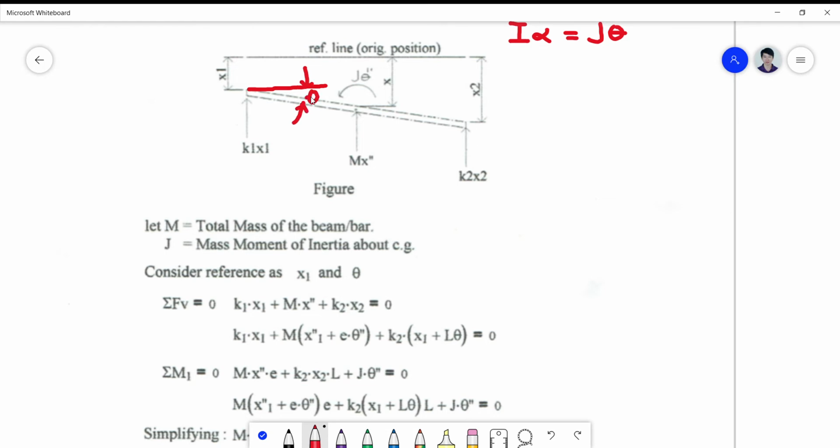So this is now your angle theta. Correspondingly, your acceleration will be theta double dot.